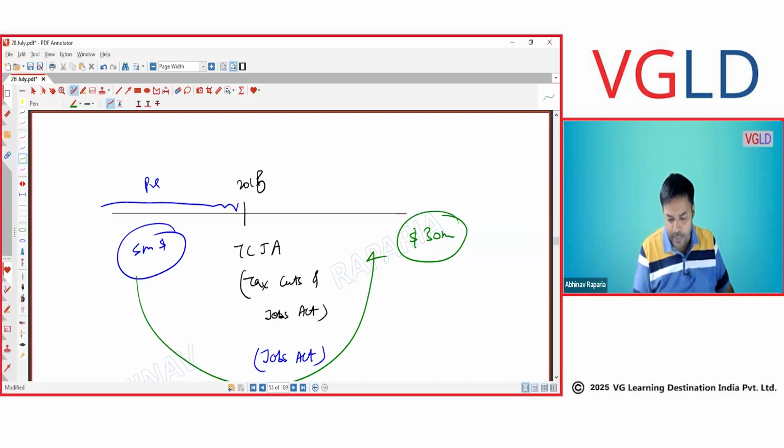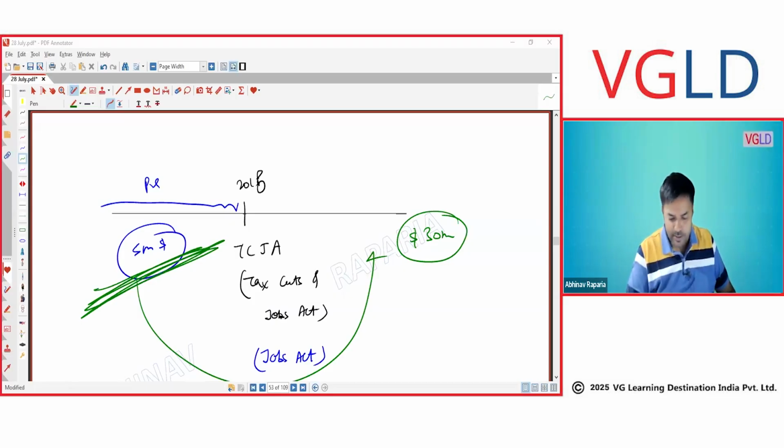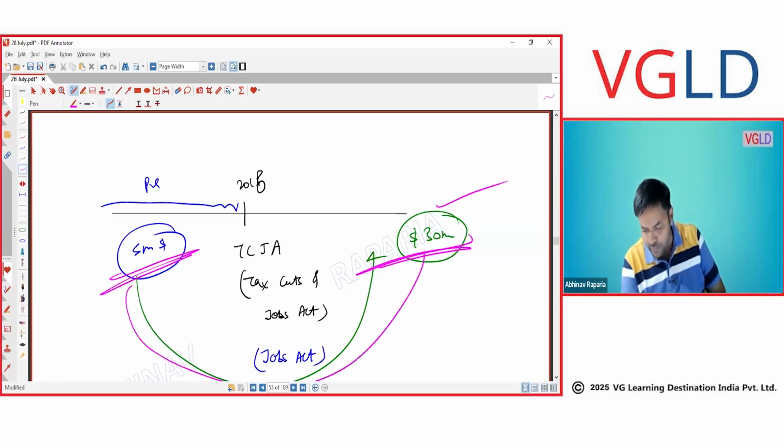When the limit is $5 million, is it good for the taxpayer or bad for the taxpayer? Now from $5 million, it has increased to $30 million.